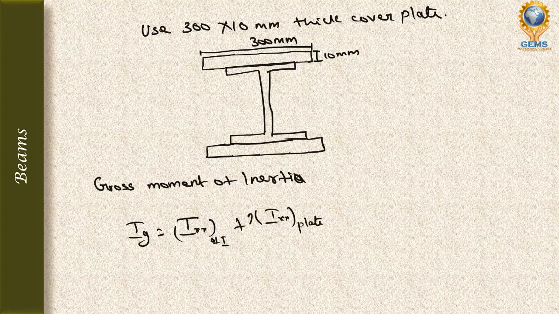There are 2 plates, so 2 times Ixx of plate. How can we find the Ixx of plate? That is equal to B d cubed by 12 plus area into y square. This is how we can find it.